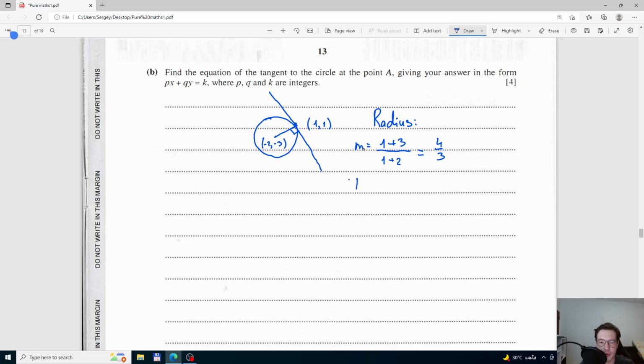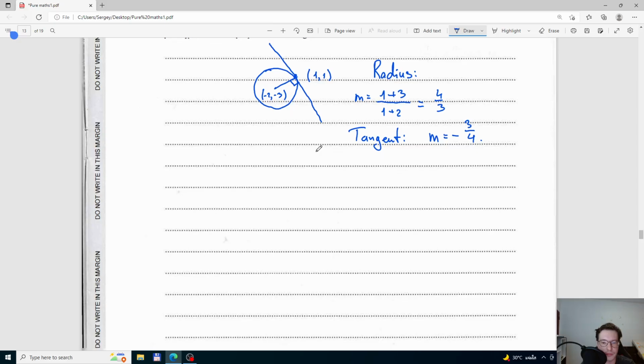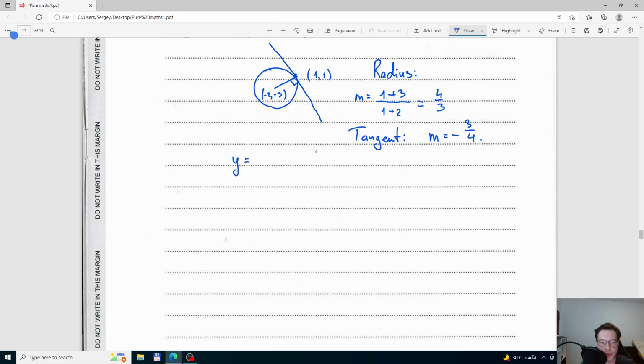Now the perpendicular gradient will give us minus the reciprocal of the gradient of the radius, which is minus 3 over 4. Then we know that the equation of the tangent should be in the form y equals minus 3 over 4 x plus c.